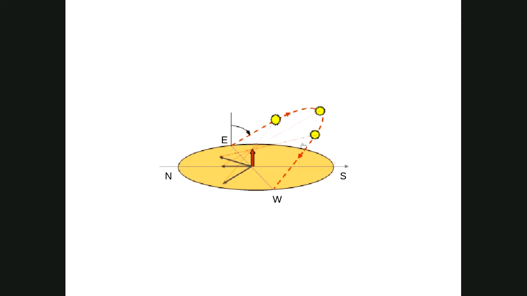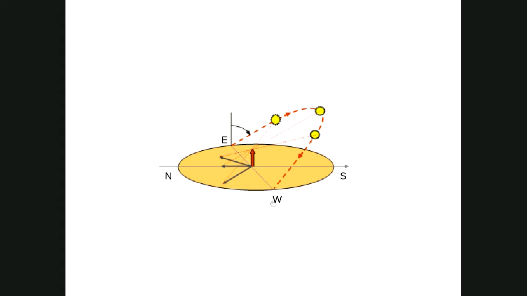Now if you want to look at the shadow, when the sun is here, the shadow will be in the north, because I told you this is the south. If you face north, you're not going to see the sun. You have to face south, and of course it will come from the east, go to the west, and follow this trajectory here.